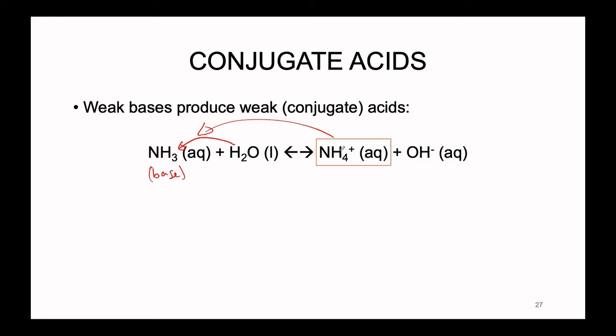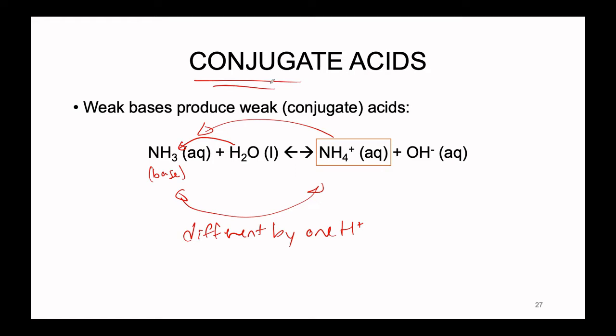Now this ammonium ion is connected to the ammonia because they are only different by one H+, right? If it has the H+, it is the weak acid corollary. If it's missing that H+, it becomes the weak base corollary. But this is what we mean by a conjugate system. A weak base is going to lead to a conjugate acid, and a weak acid is going to lead to a conjugate base. It is the resulting base or the resulting acid from the dissociation in water.